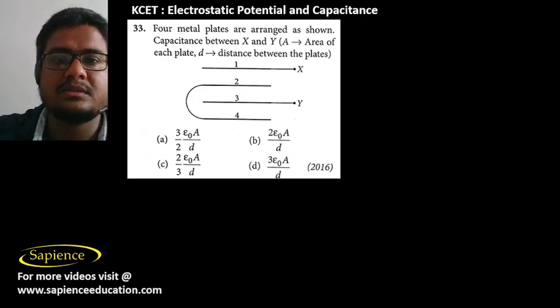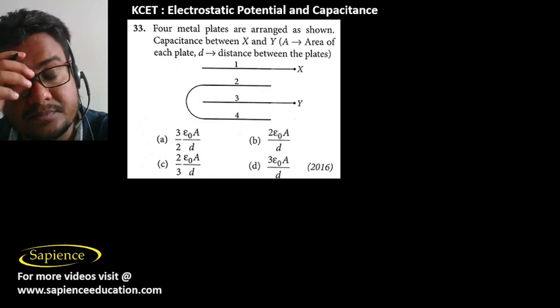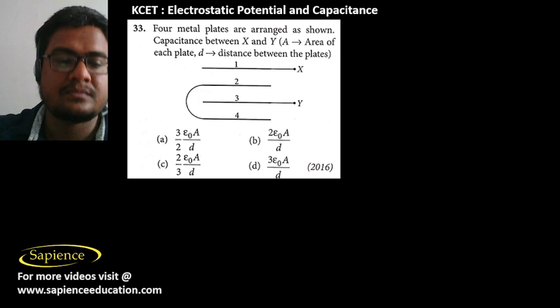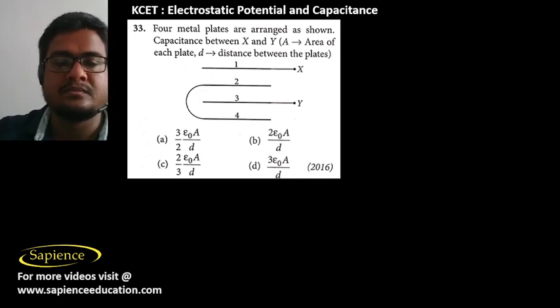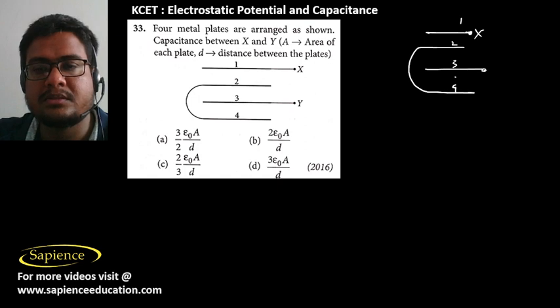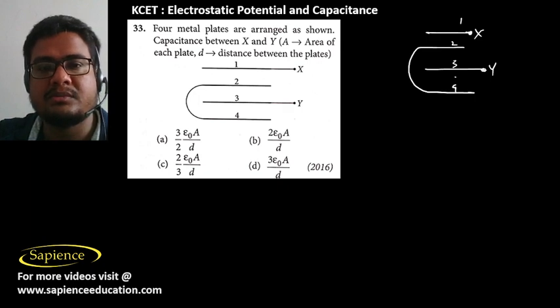Find the capacitance between X and Y. A is the area of each plate and D is the distance between the plates. This is metal plate X, this is plate Y.